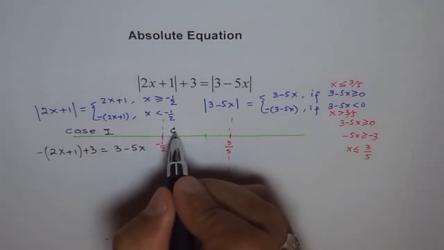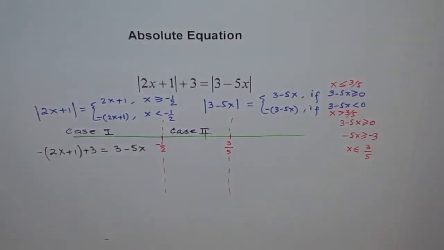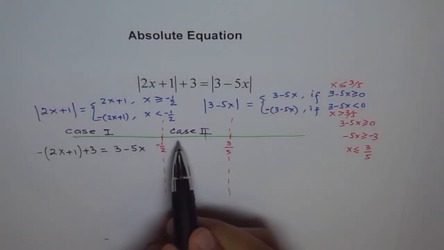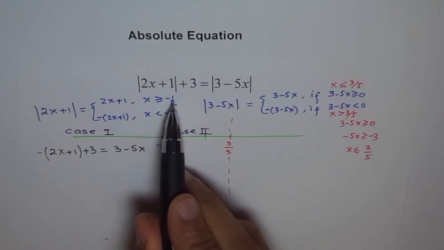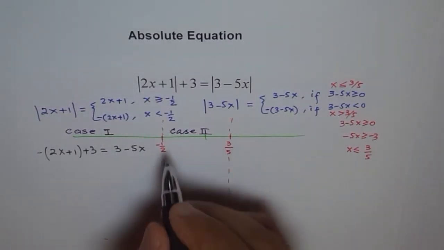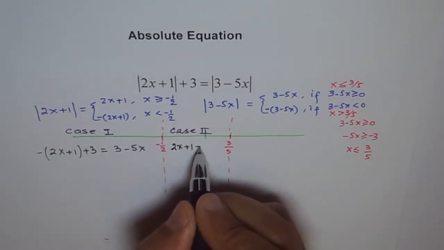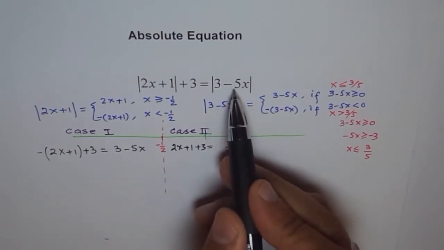Case 2 will be when we are on the right of minus half. So when we are on the right side of minus half, that means x is greater than or equal to minus half. Then this value will be positive, right? So here it will be 2x plus 1 positive, right? Plus 3 is equal to. Now, what about this?